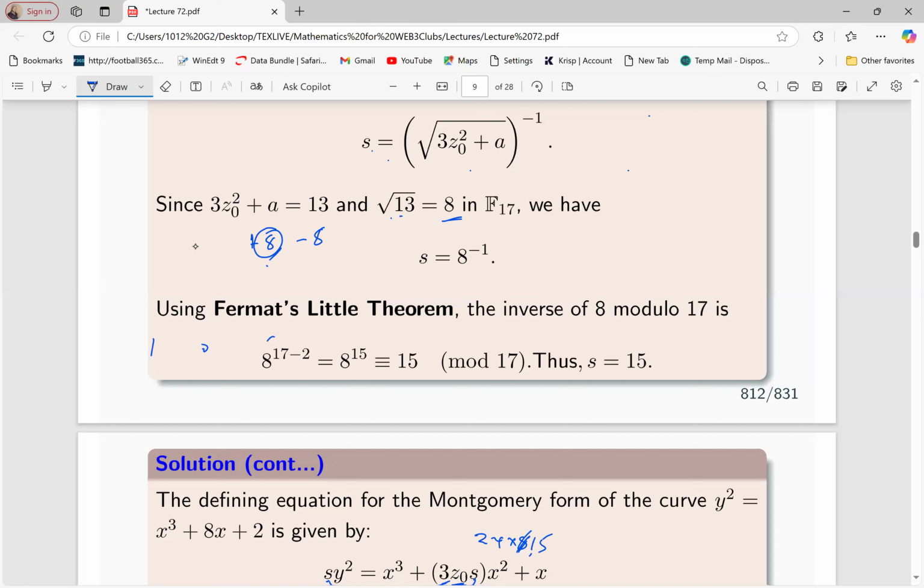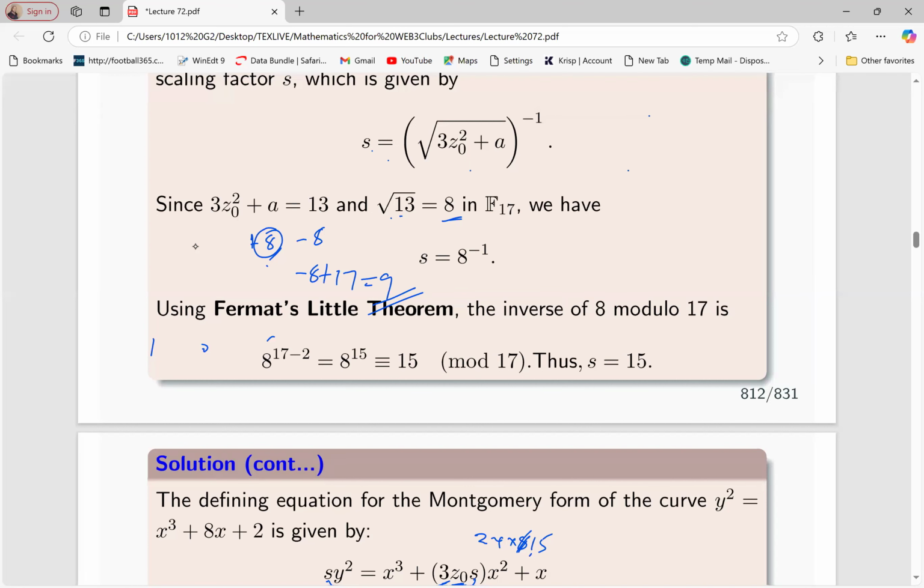So we can now also pick on this, which of course we know is 9. So S can also be 9. No, not 9. S is supposed to be the inverse of the square root. So when you get the square root, you have 2 values.